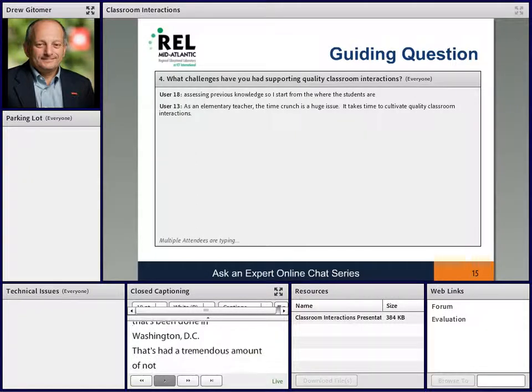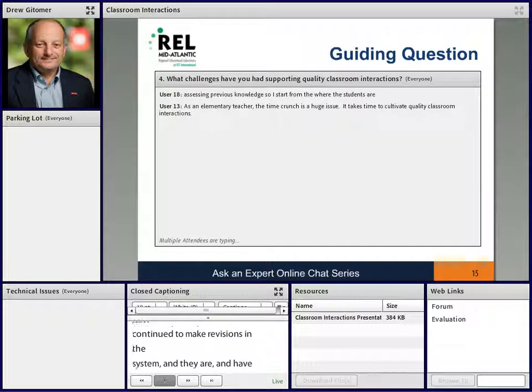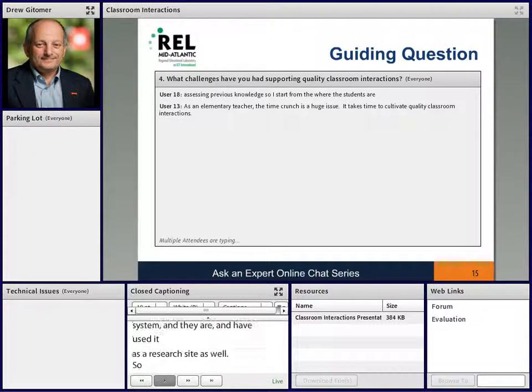They've been at it for a number of years, and have continued to make revisions in the system. I've used it as a research site as well. So they're engaged in practices that borrow the most from what's happened in the research field. They've revamped lots of stuff, but what they're doing is seriously looking at what's going on.